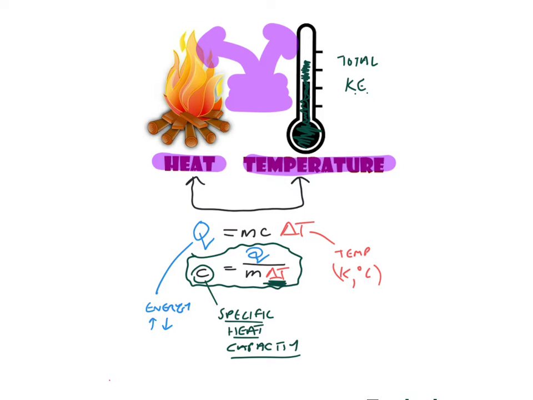So specific heat capacity is the amount of energy required to increase 1 gram or 1 kilogram of a substance by 1 degree Kelvin or Celsius. So materials like water have a very high specific heat capacity. A lot of energy is required to increase or decrease the temperature. And then other materials like metals have very low specific heat capacity. So you don't require a lot of energy to increase the temperature of a metal.